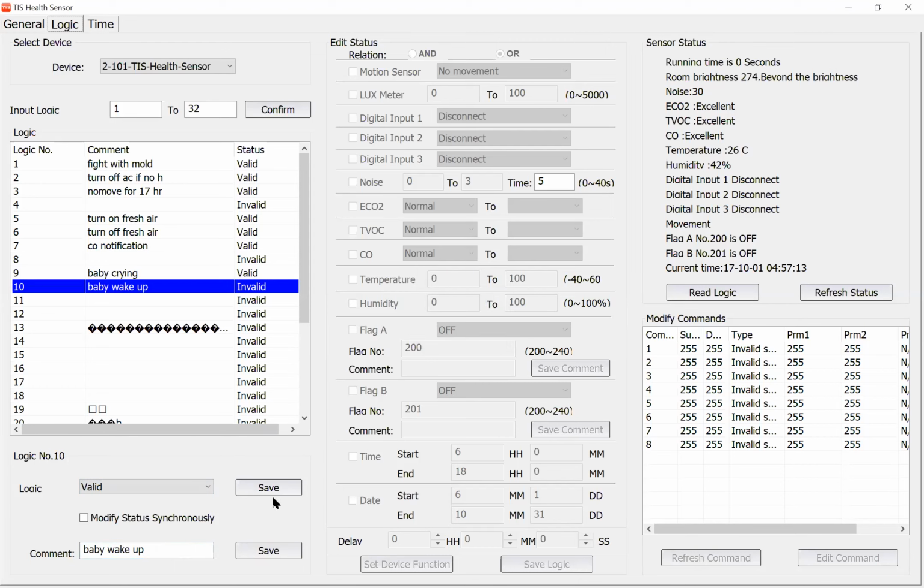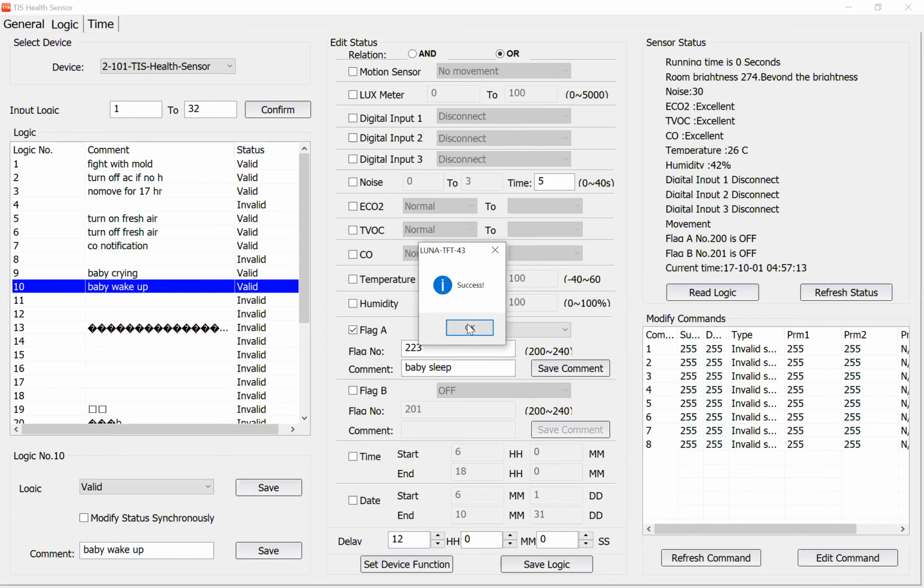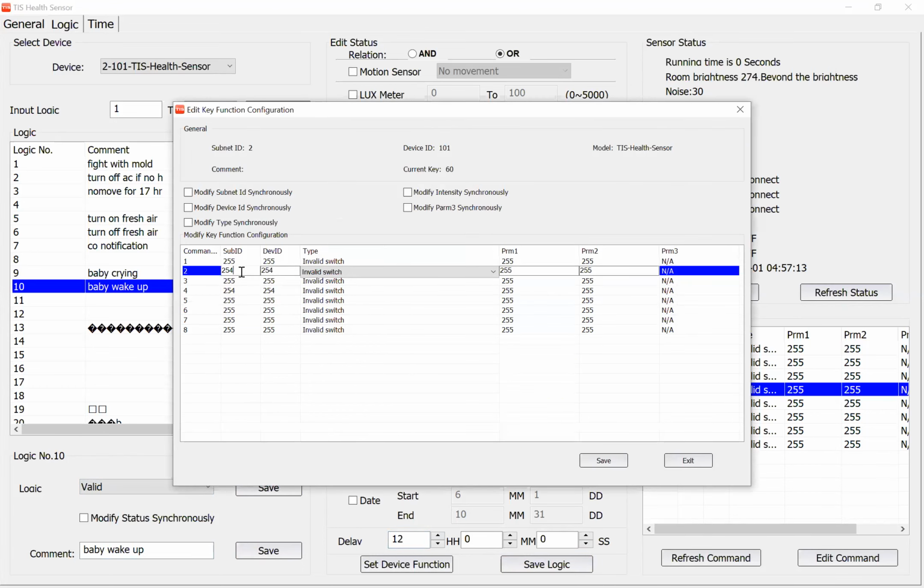Actually, the baby doesn't sleep more than 12 hours. Here we said if the flag number 223 is on for 12 hours, then turn off the flag.